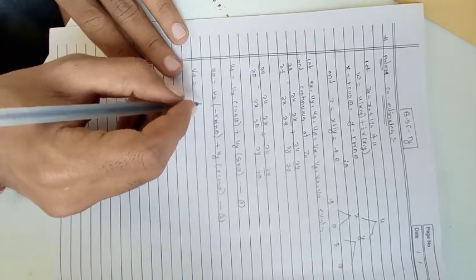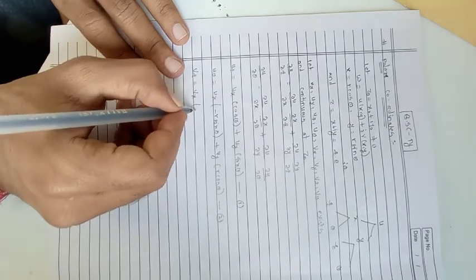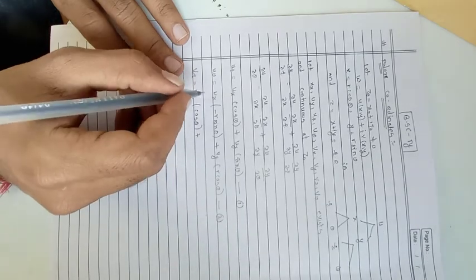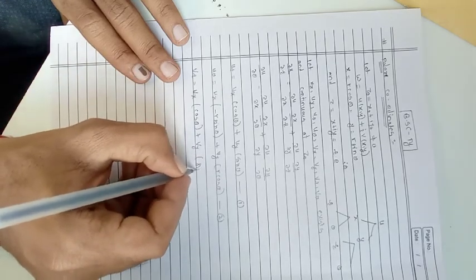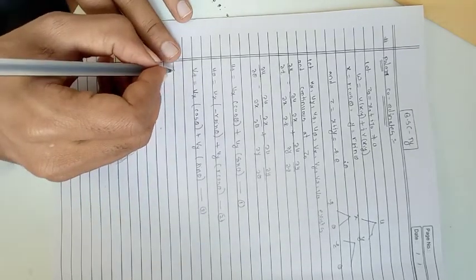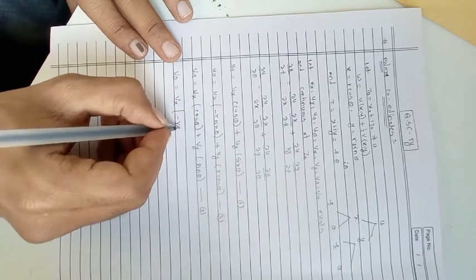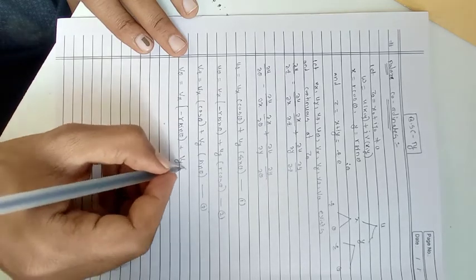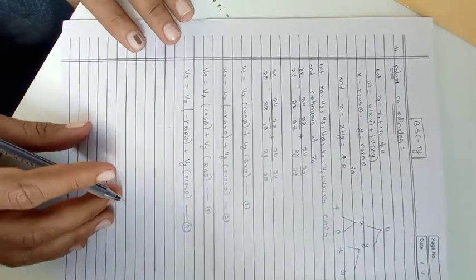So Vr is equal to Vx cos theta plus Vy sin theta, equation number 3, and V theta is equal to Vx into minus r sin theta plus Vy into r cos theta. So these are the 4 equations.